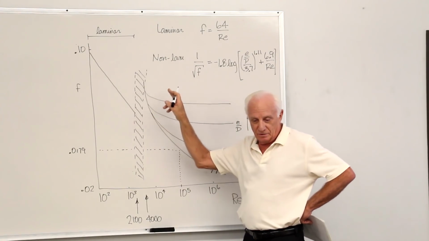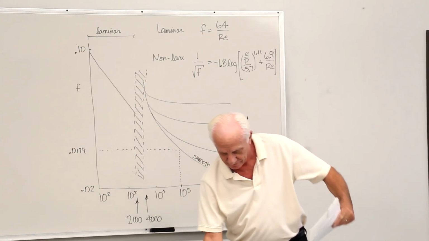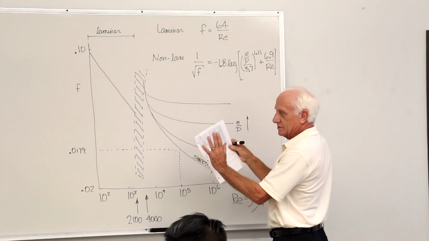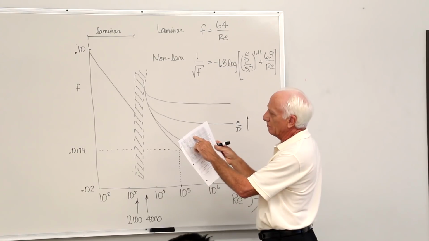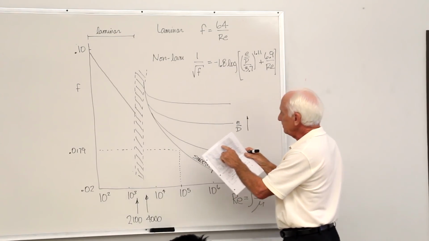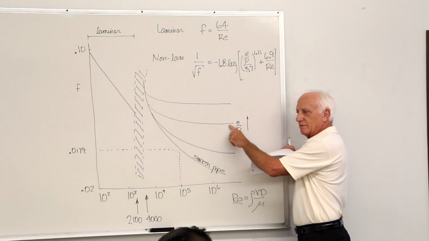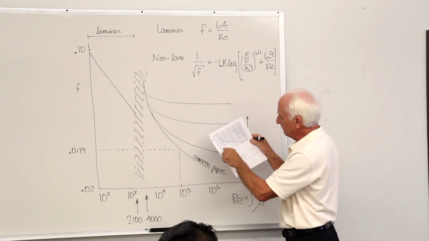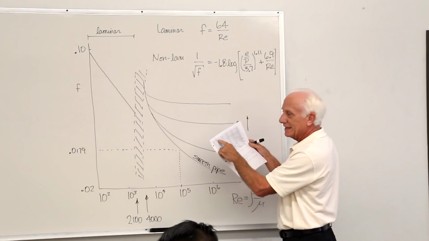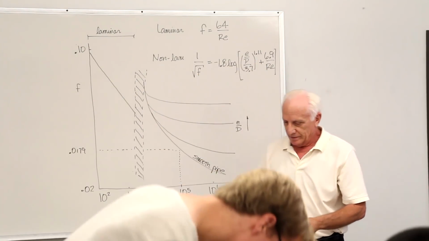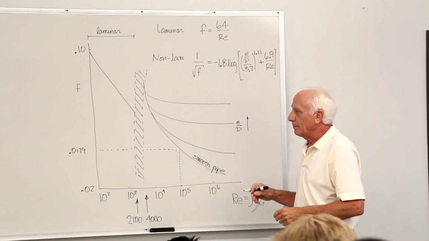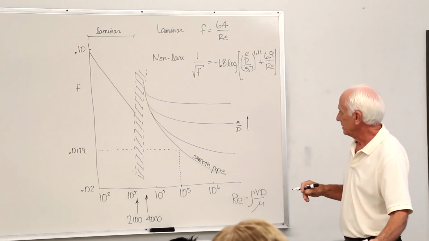What's it composed of? Well, if you look at this Moody chart again, it is composed of two regions. One is called the completely turbulent region. That's where these lines are flat horizontal. Where they curve back up to the left, that's called the transition region. So there's a transition region and a completely turbulent region.